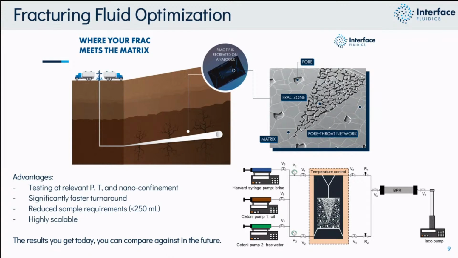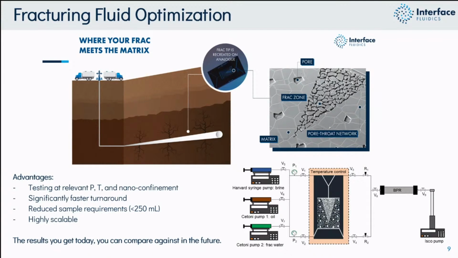And once injection is done, we apply the soak period of around 1 to 2 hours, and then we do the oil flow back by injecting the oil from matrix into the frac zone. So in the bottom picture, from bottom to top. During that period, what we measure first is the volume which is passing through the system, and we use it as a primary metric to quantify the performance of different cases.